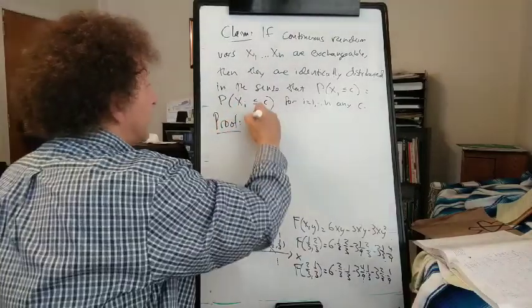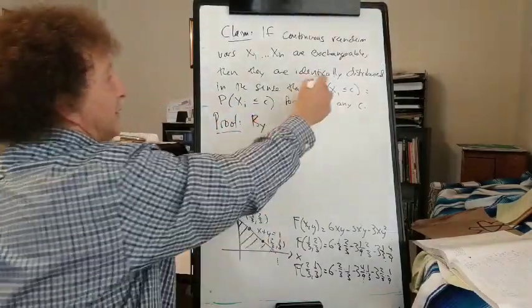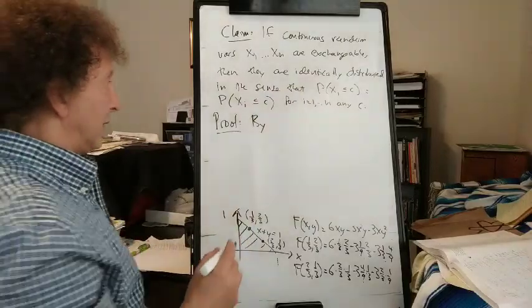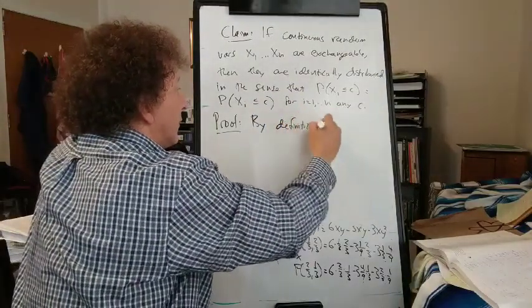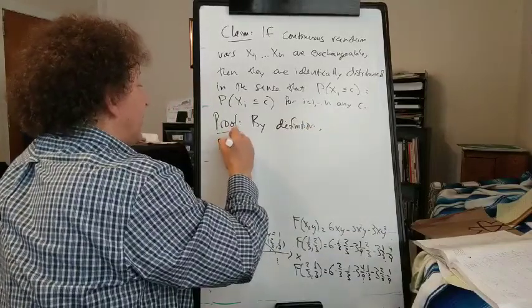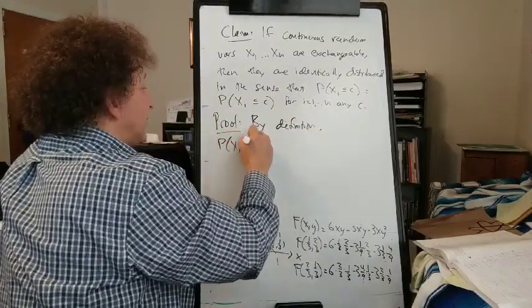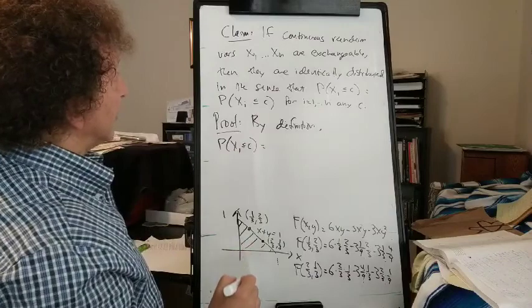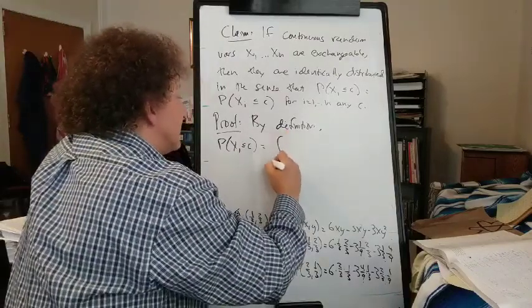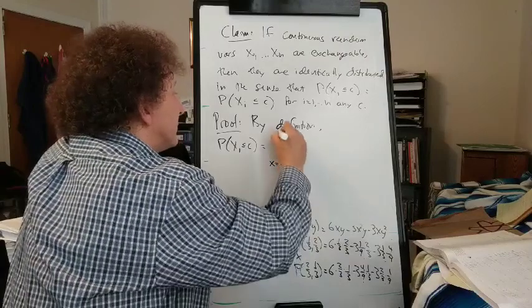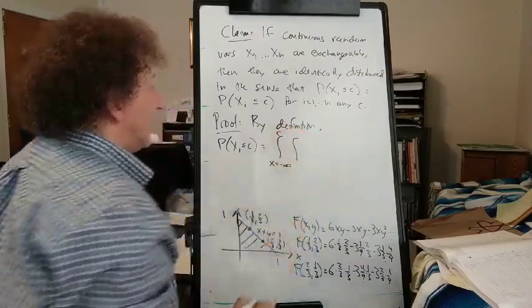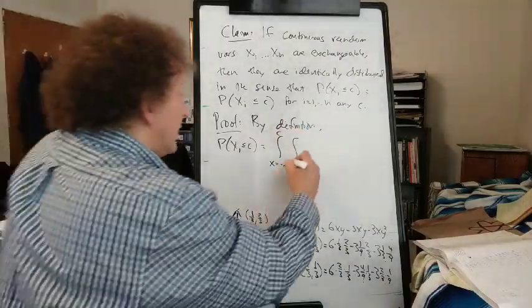So to see this, let's just write out these two expressions according to the definition. So by definition, the probability that X1 is less than or equal to c is an integral, actually it's n integrals.